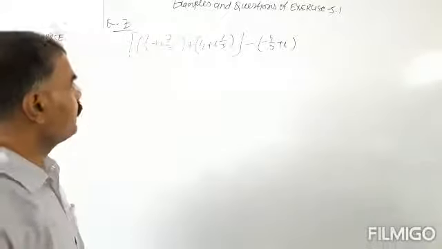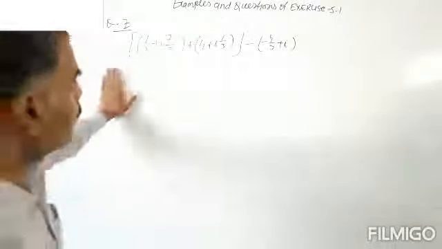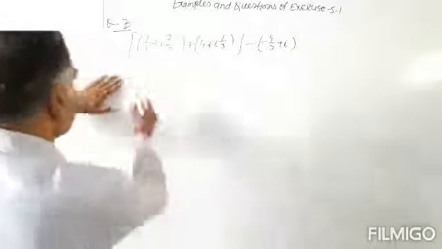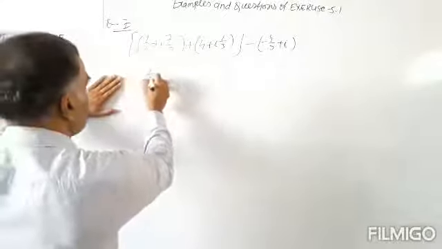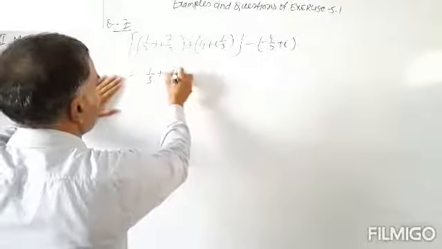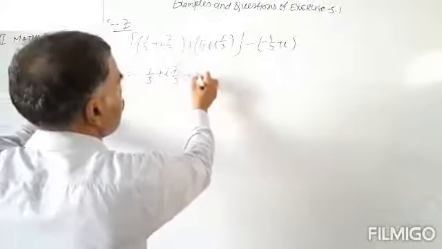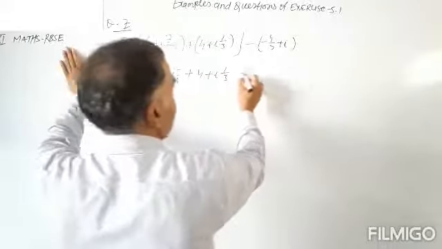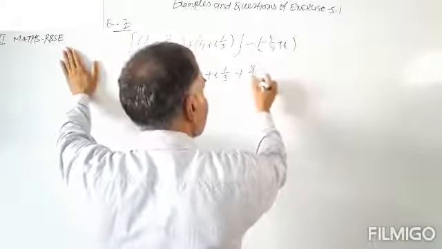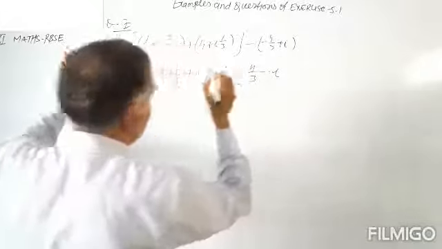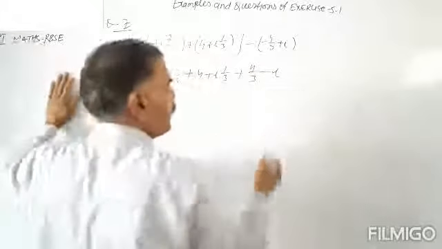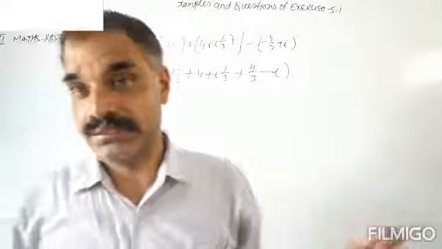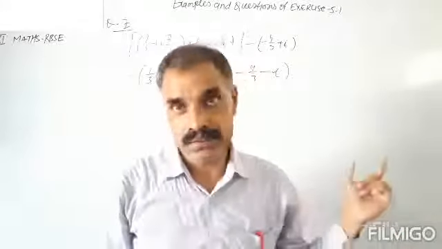First of all, write this down like this: 1 upon 3 plus iota 7 by 3, plus 4 plus iota 1 upon 3, and minus minus 4 upon 3 plus iota. We expand all the brackets, removing all the brackets.